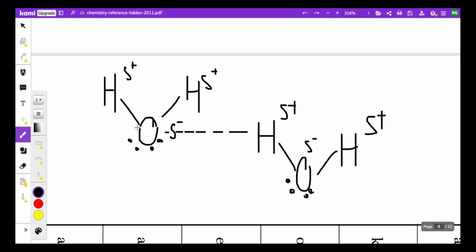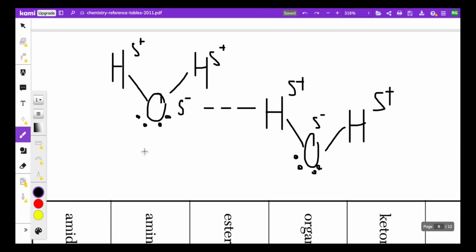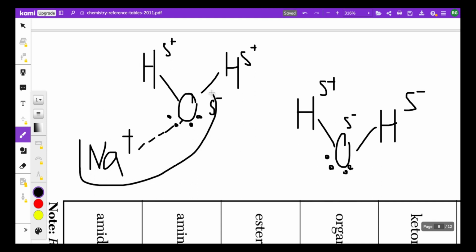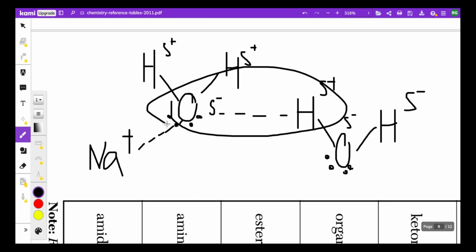Now, let's say we add an ion, say Na+. We add ions to the solution. And obviously, this positive charge will get attracted to this negative charge. It turns out that when you add ions to a solution, the attraction the ion has on the molecule is stronger than the attractions between the water molecules themselves.